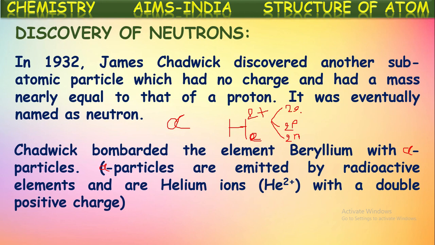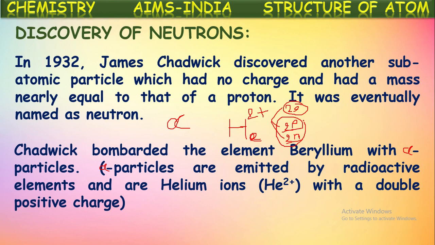If 2 electrons are removed, it becomes the He2+ ion, containing 2 protons and 2 neutrons. This bunch of 2 protons and 2 neutrons together is called one alpha particle.